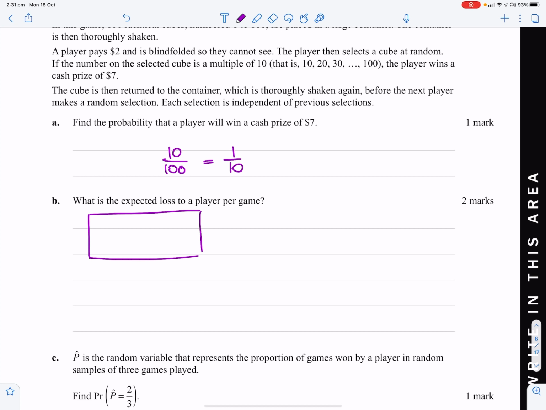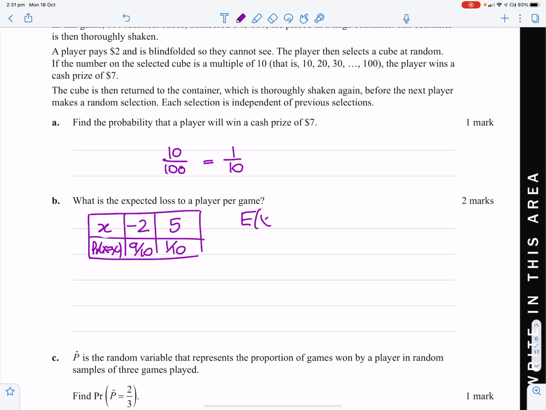So we know when she plays, we'll say X, she can lose $2 or she can win $5. We just found the chance of winning $5 is 1 on 10. So losing is 9 on 10.